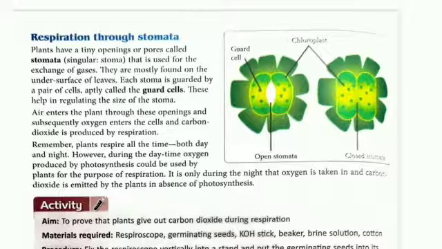There, carbon dioxide is taken in and oxygen is exhaled. In one process, carbon dioxide is taken in, and in the other process, carbon dioxide is given out.